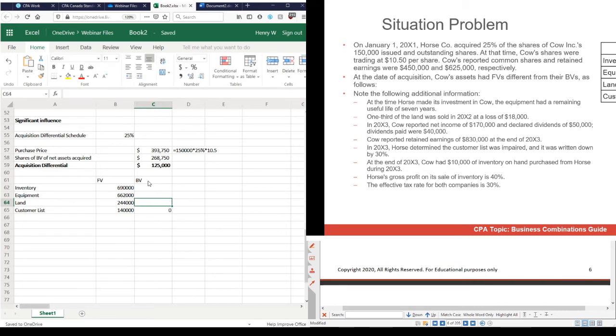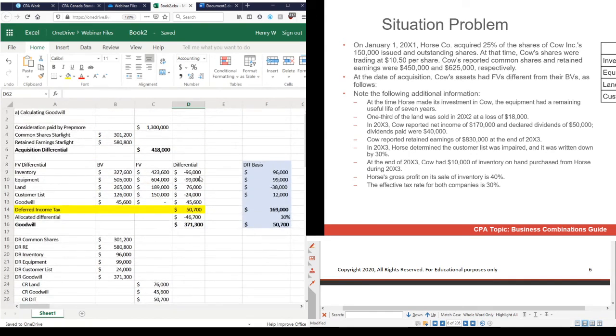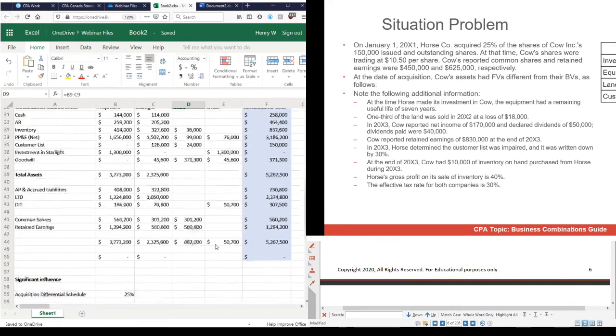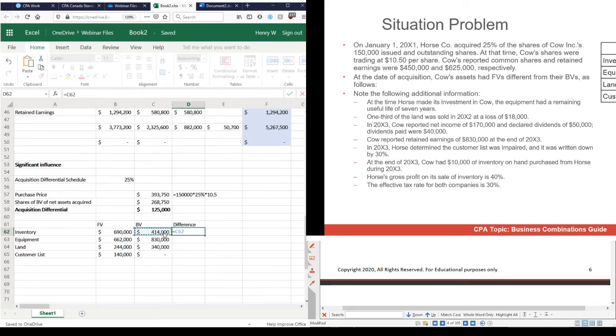Book value 0. Okay, so that's about right.